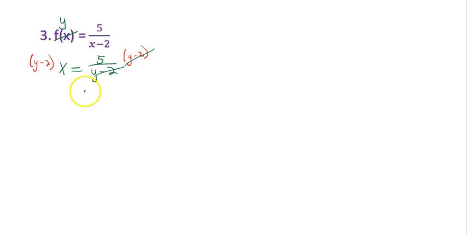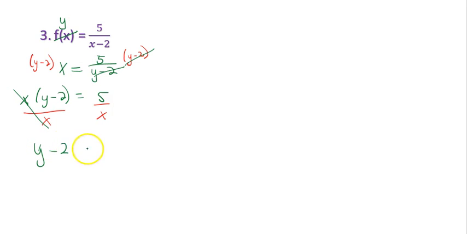It's going to cancel out over here and just leave me with 5. On this side, I'm going to have x times y minus 2. However, I'm not going to distribute. My goal is to get the y by itself. So I need to get rid of the x and get rid of the 2, not bring them together. So what you got to do next is divide by x. So now I just have y minus 2 on the left.